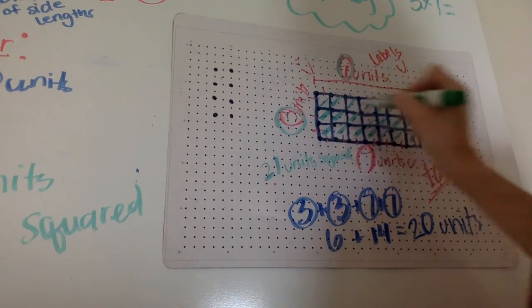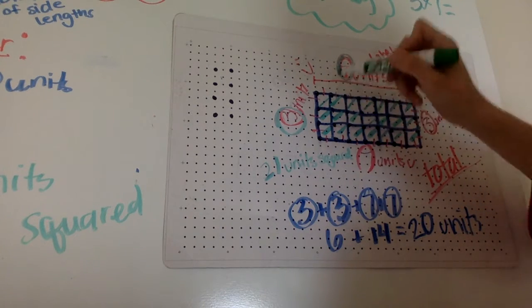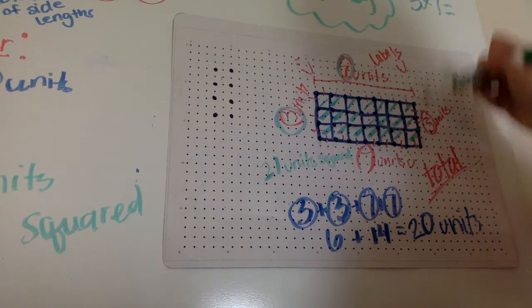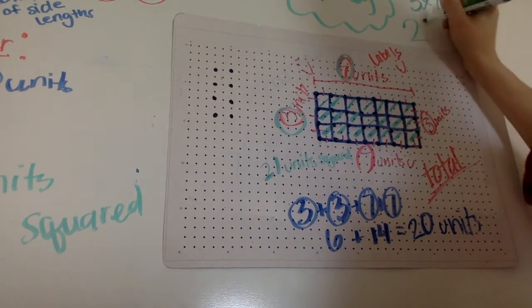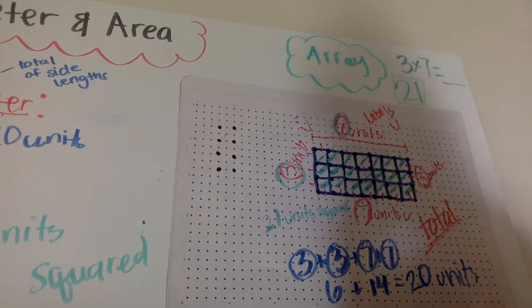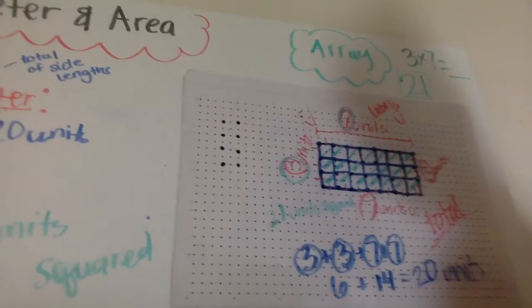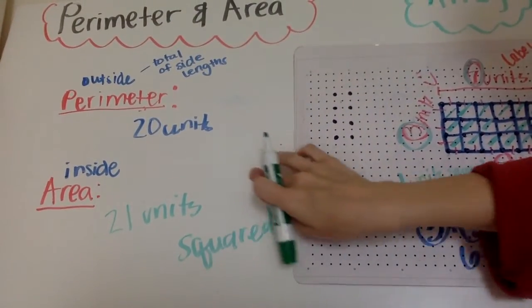So we have 1, 2, 3 rows. We have 7 columns. 1, 2, 3, 4, 5, 6, 7. What's 3 times 7? 21. Where did we just write 21?